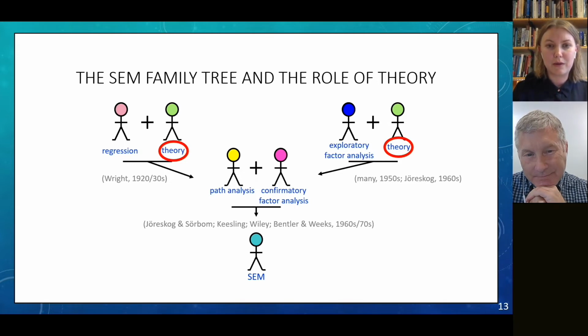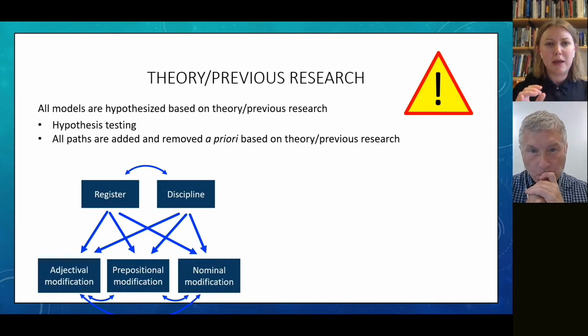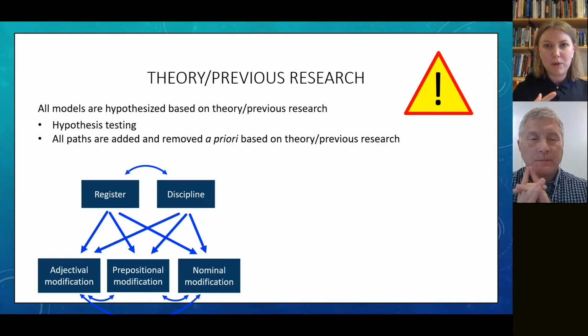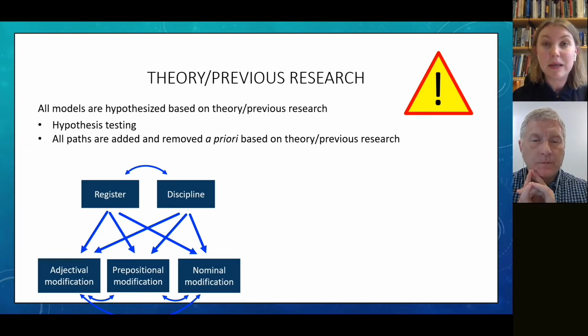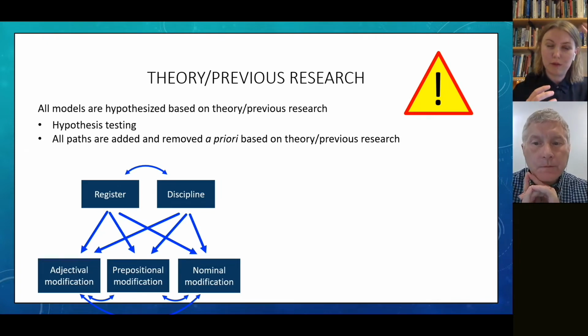And these two, path analysis and confirmatory factor analysis, along with others, as we saw earlier, make up the SEM family. And this role, or the importance of theory: in this framework, all models are hypothesized based on theory or previous research, meaning that we're not using these for more exploratory questions.